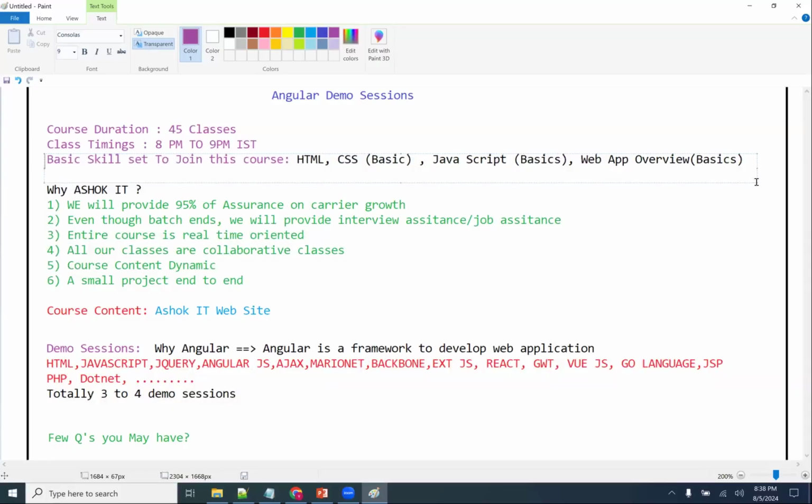Even if you don't know the basics, that's fine. If I teach a topic you don't know, you can Google it and understand it. But don't expect me to teach HTML tags like span, body, div, paragraph, or CSS. Those are not part of our course. JavaScript I can cover because I'm going to cover TypeScript also. Okay, I got it. Thank you, sir.